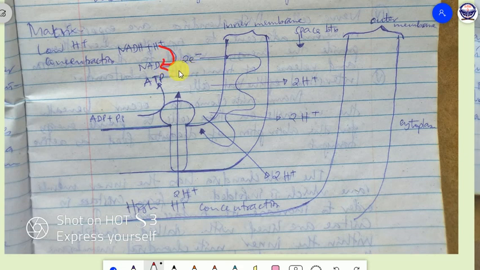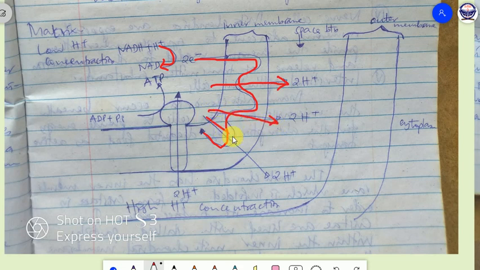So maana yake from here hii electron inapita huko ndani kwenye series of electron carriers. Lakini wakati electron inapita ndani kwenye series of electron carriers, huko ndani we have proteins which pump hydrogen kuja huko. So proteins zina-pump hydrogen kuja huko.